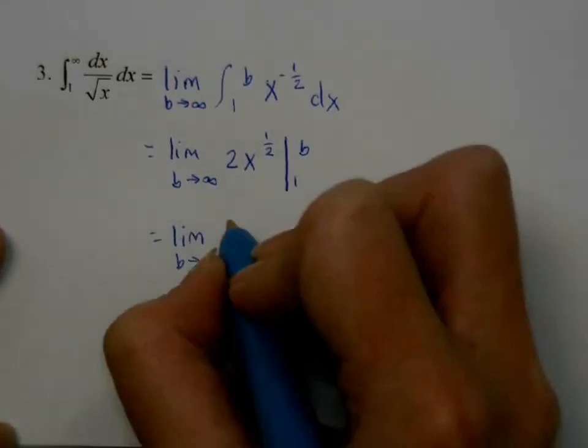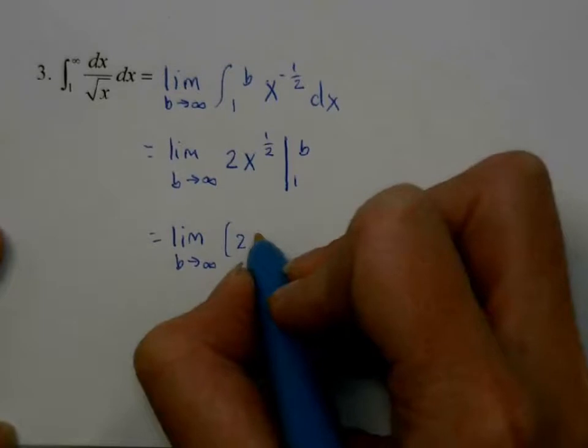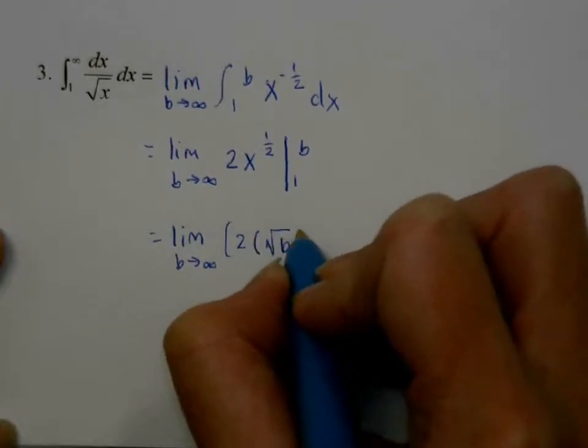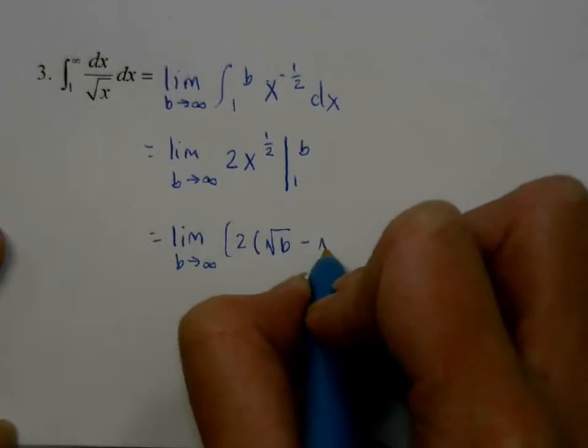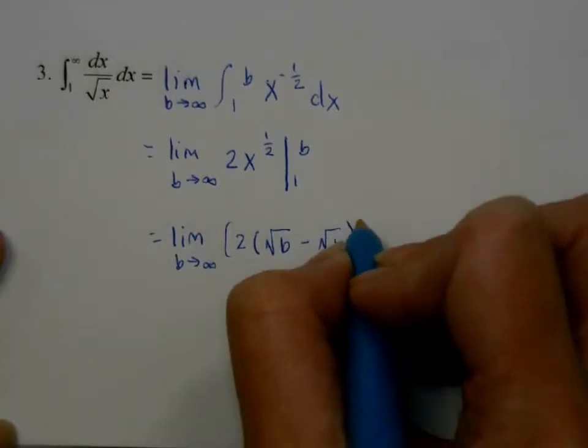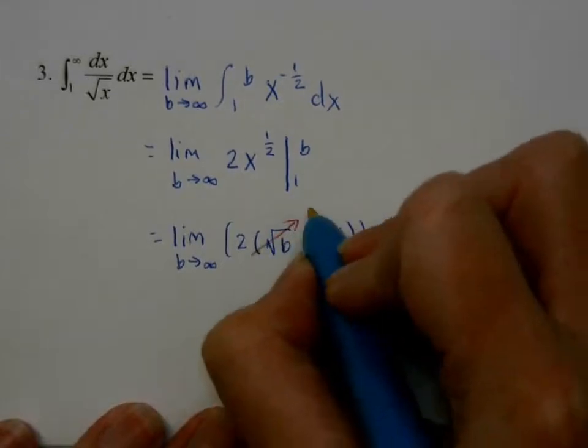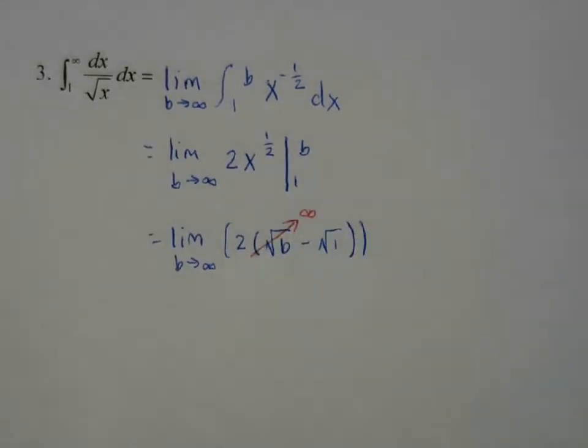So this is going to be 2 times the square root of b minus the square root of 1. Again, as b goes to infinity, this is going to go to infinity. So this one is also divergent.